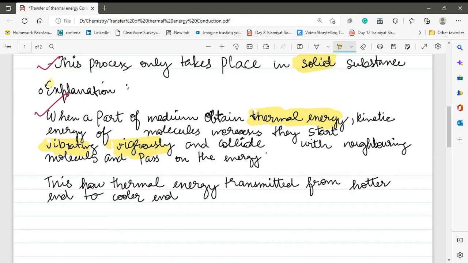First of all, the thermal energy is provided, which results in an increase in kinetic energy. As the kinetic energy of molecules increases, they will vibrate vigorously, collide with the neighboring particles, and pass on the energy to the next molecules. So this is the mechanism of conduction.